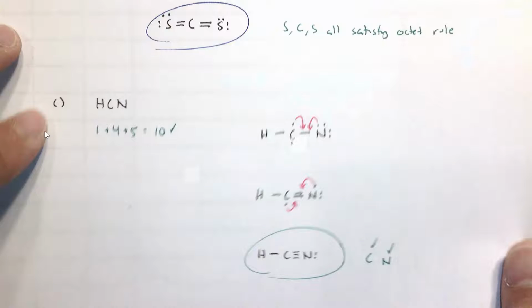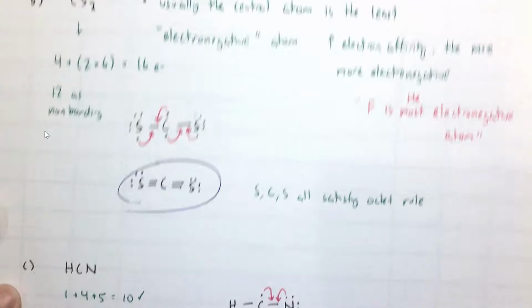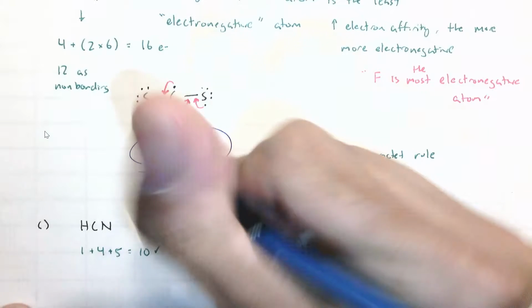Next example. Oh, before we get to the next example, let me just point out, just like my title said, we will be looking at molecules that have double bonds. So this is a double bond.